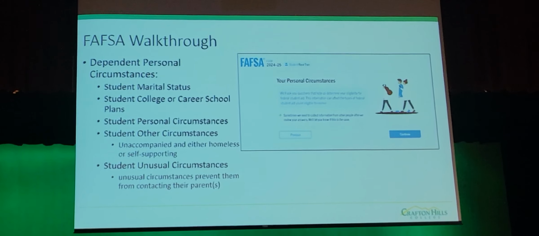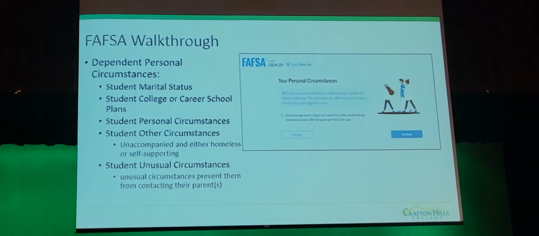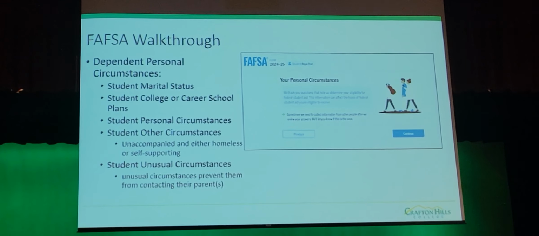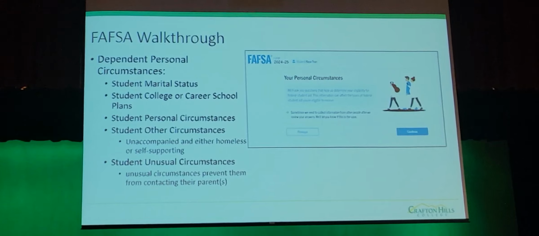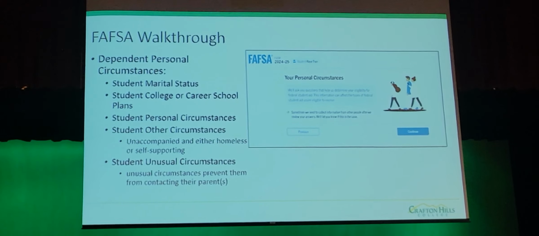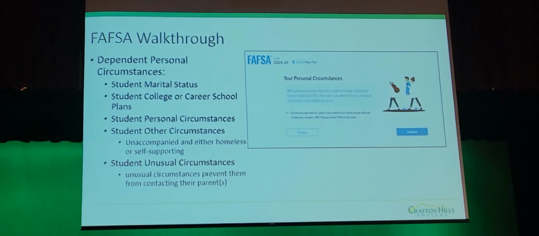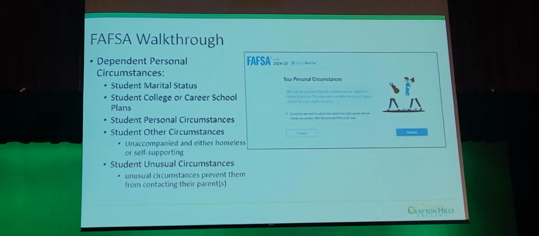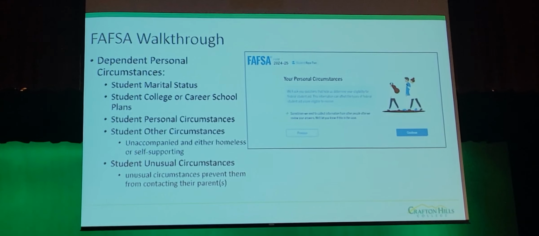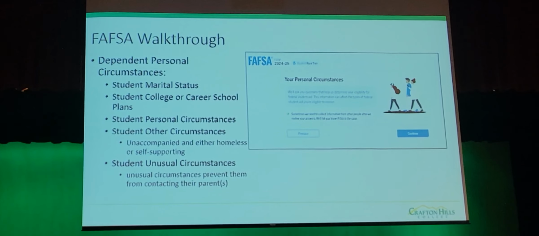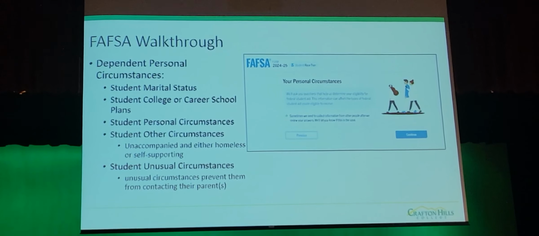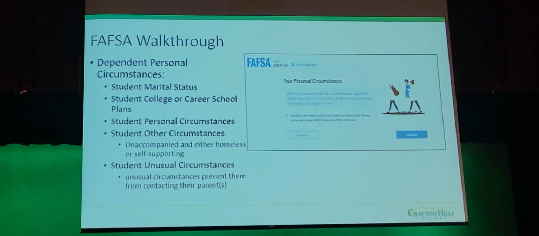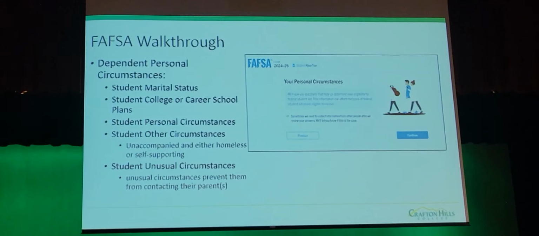This part is important for the seniors because, for example, when you put that you're transferring to a 4-year, the state of California, when they try to award you the Cal Grant, will use this information to see that you can be eligible for Cal Grant A. Or if you put that you're interested in going to a community college, they'll try to award you Cal Grant B. Sometimes if you're undecided, it can get a little tricky.